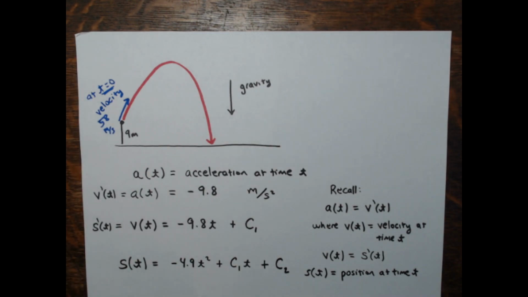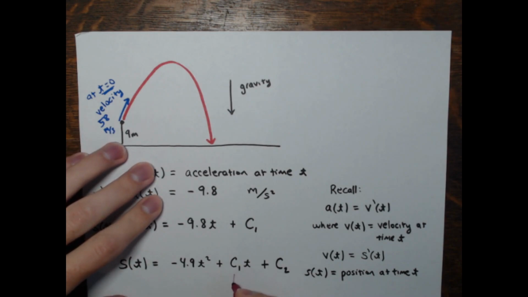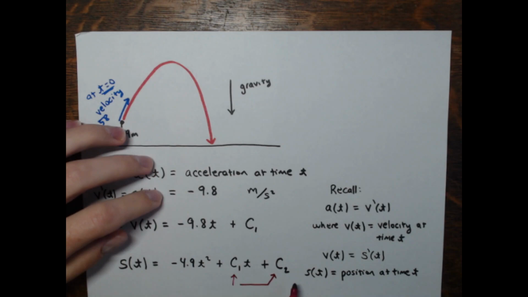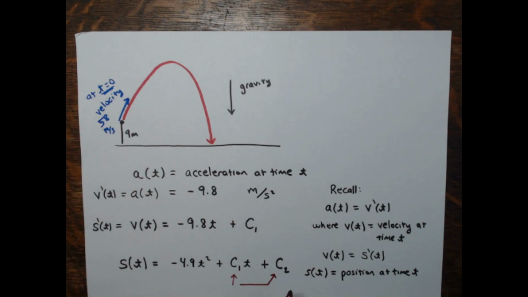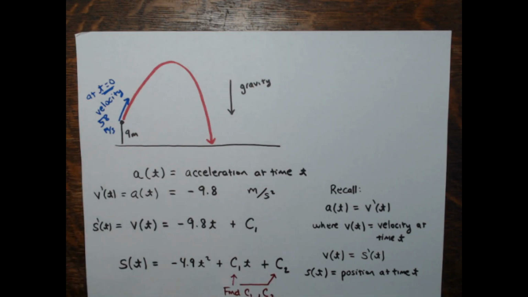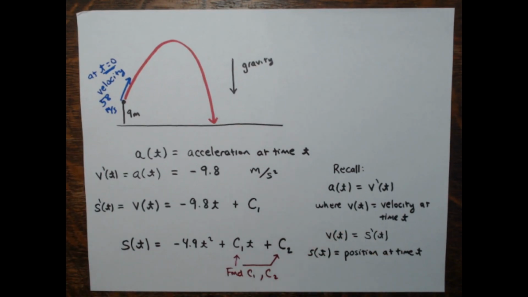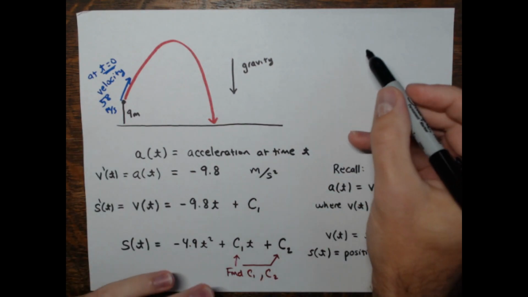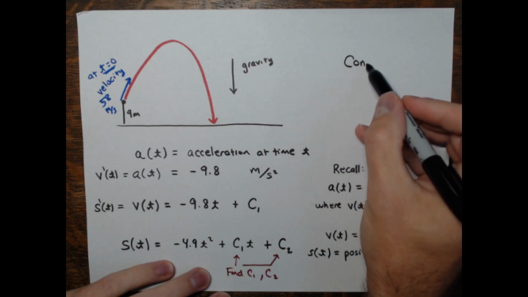All right, so now I would like to find this c1 and c2 so I can complete the position function they're asking me for. So I need to find these constants so that the conditions that were given to us are met. I'll write those over here.